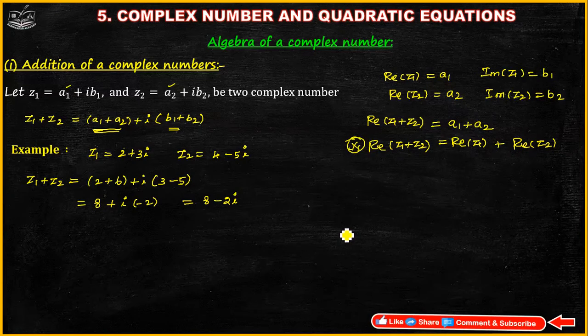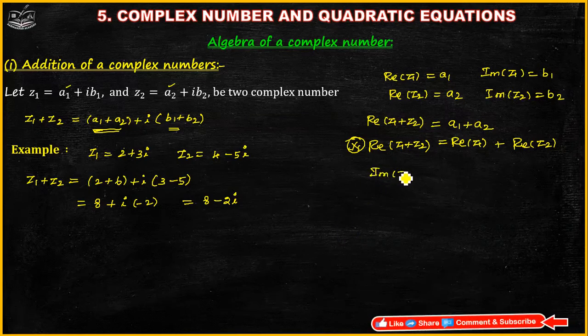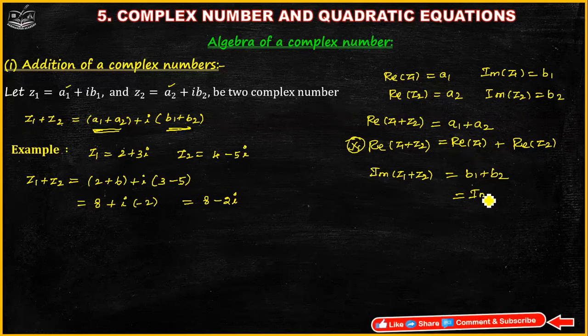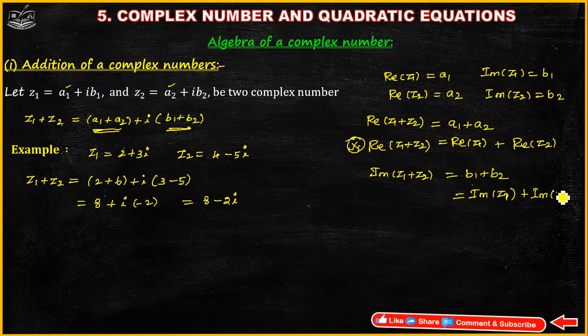This is a frequently asked question. Similarly, take the imaginary part of z1 plus z2. It is b1 plus b2, where b1 is the imaginary part of z1 and b2 is the imaginary part of z2.